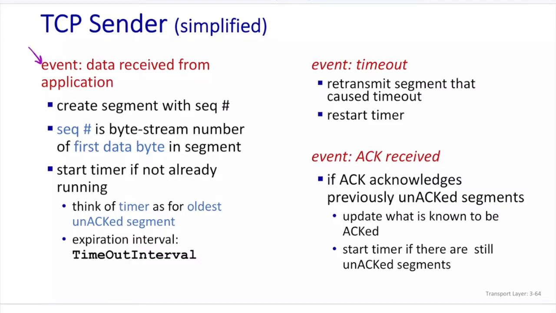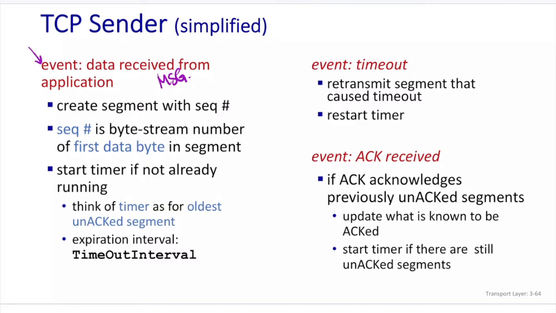When the TCP sender receives data from the application, that means it receives some message, the TCP sender will create a segment with the current sequence number, right? As we mentioned before, the sequence number right here is the byte stream number of the first byte in the segment.